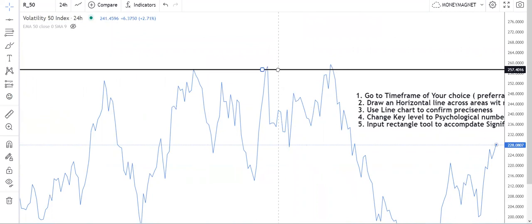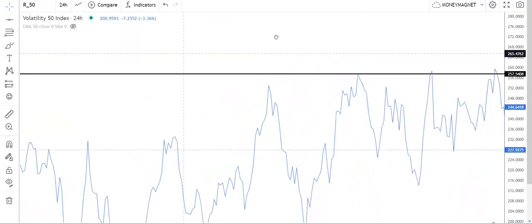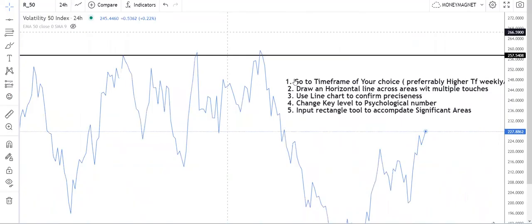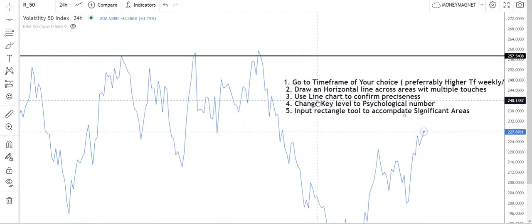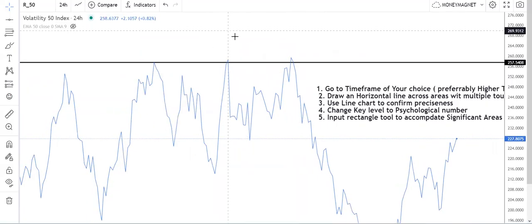So you can clearly see, if we decide to leave this right here, it's more like a perfect touch for the majority of the price action. So you only want to bring in the line chart to confirm the preciseness of the touches on the horizontal line.